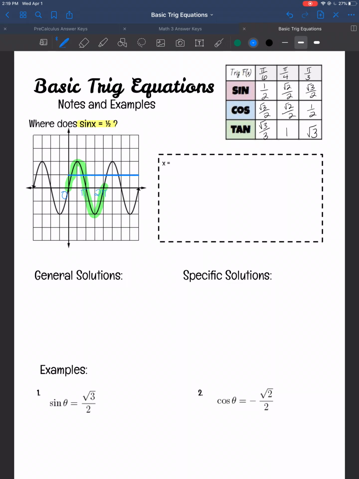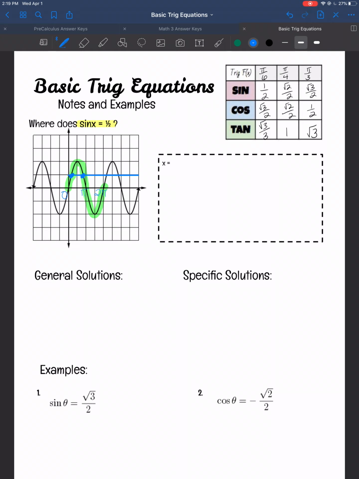Alright, so basically the solutions here would be the intersection points between the sine graph and the graph of 1/2. So just in one period, I have two intersection points here and here. So those are my solutions.